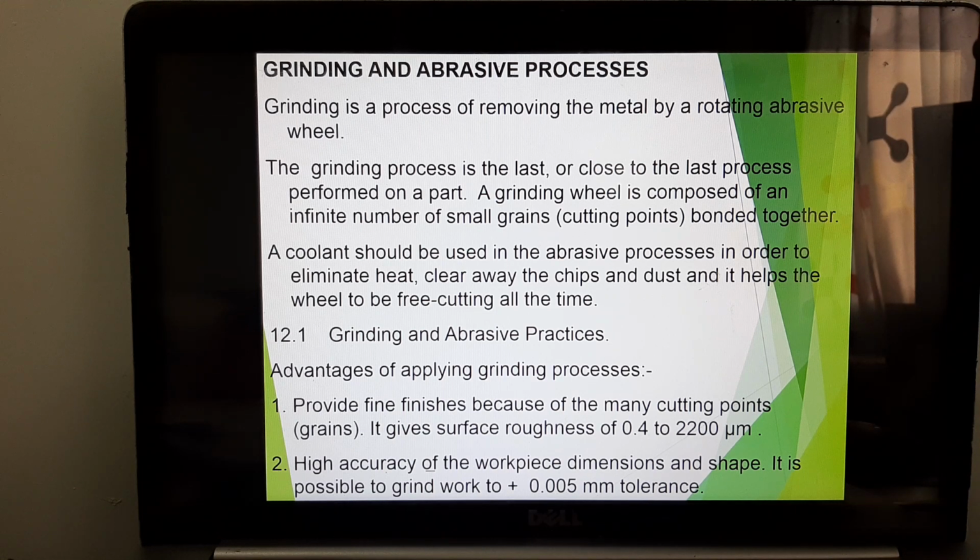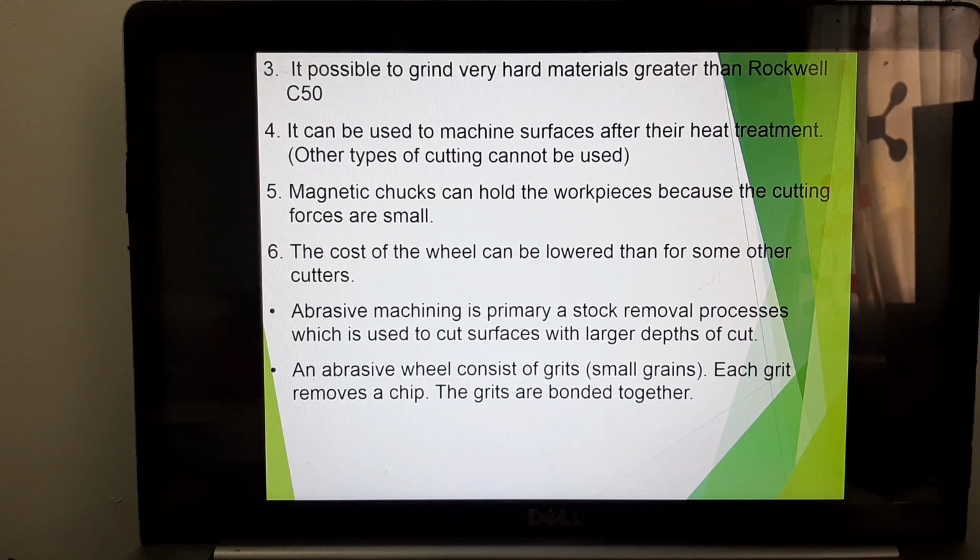Grinding and abrasive process provide fine finishes because of many cutting points or grains. It gives a surface roughness of 0.4 to 2200 micrometer, with high accuracy of workpiece dimension and shape. It's possible to grind very hard materials greater than Rockwell C50.